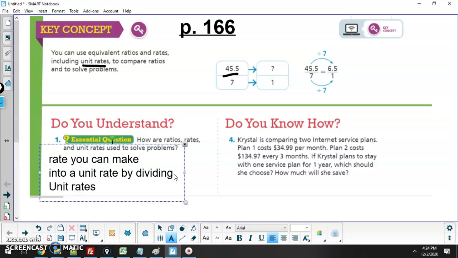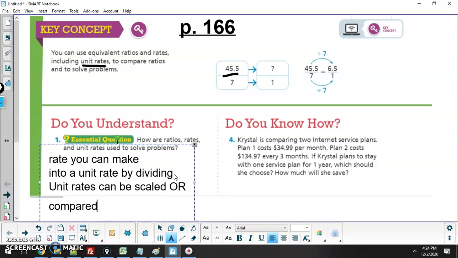Unit rates can be scaled to figure out for different amounts how much you would need, or compared to see which one is greater. When you have two rates that have different denominators, you can't really compare them until you make it into a unit rate.